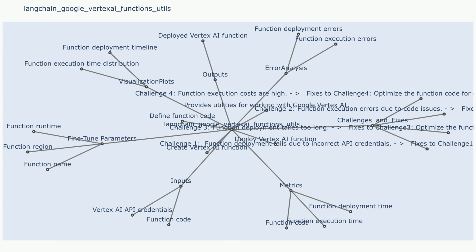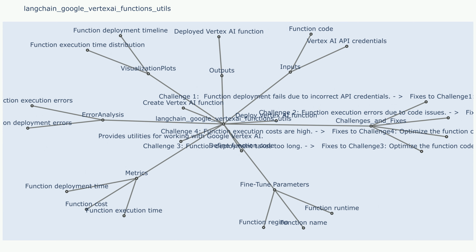Challenges and fixes. Challenge 1. Deployment errors. Deployment issues can arise if the function definition doesn't meet Vertex AI requirements or if the endpoint configuration is incorrect. Sample use case that resulted in challenge 1. Attempting to deploy a function with an unsupported language or a function that exceeds the resource limits for the specified endpoint.